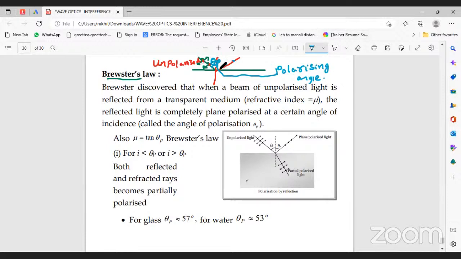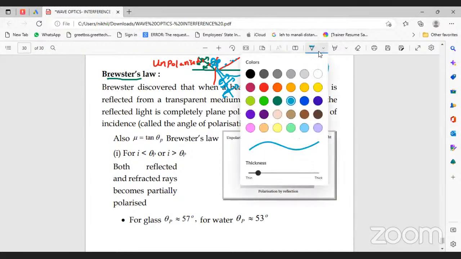So the reflected ray is completely polarized, and the refracted ray is unpolarized. Even the incident ray is unpolarized. So when you make unpolarized light incident, the reflected ray gets polarized.